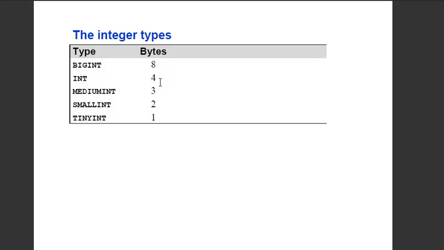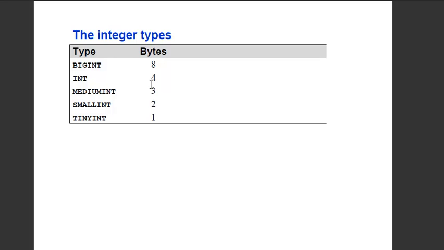So, big int, the largest data type, is probably used for scientific purposes. Then int is basically a 10-digit number that you can store from negative to positive sign.